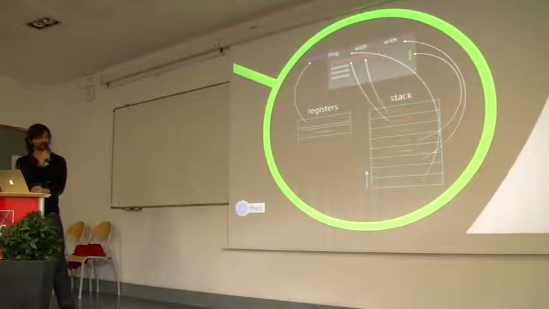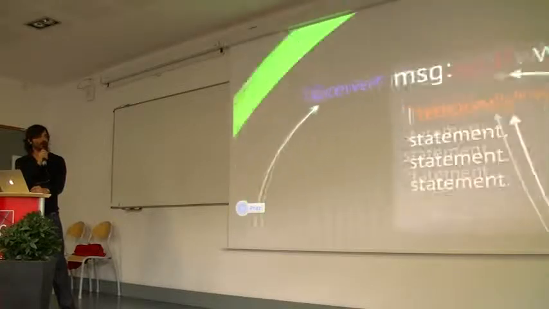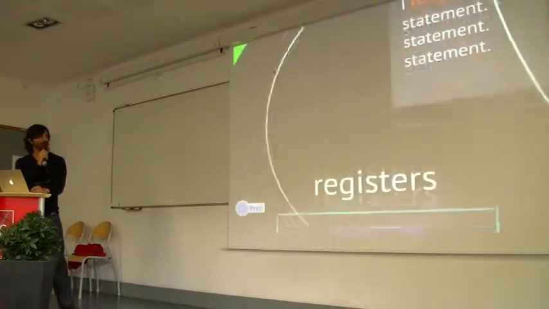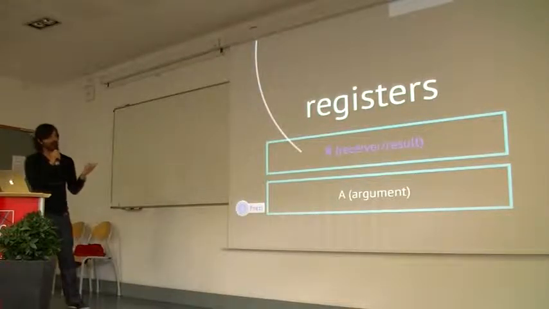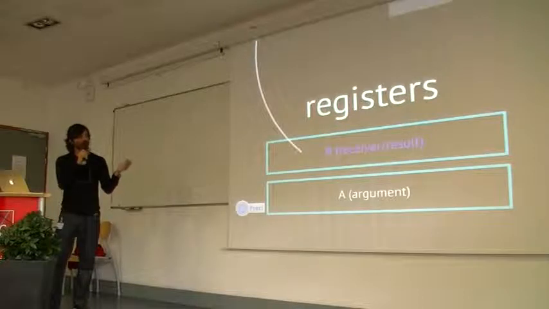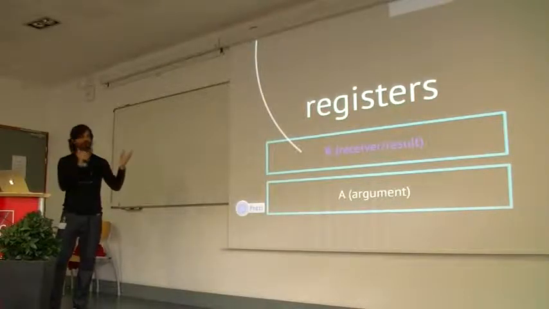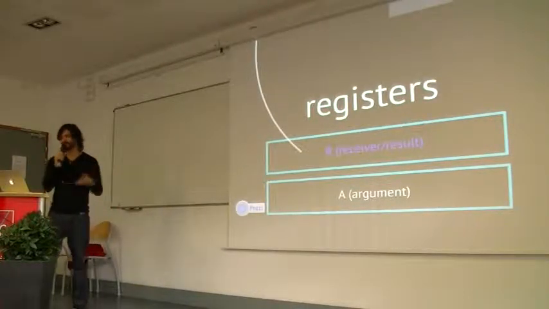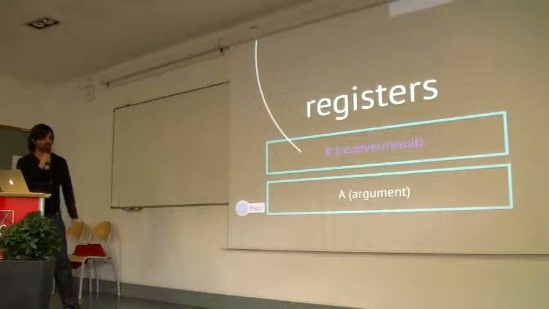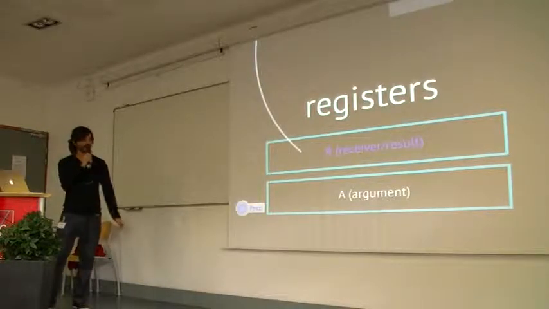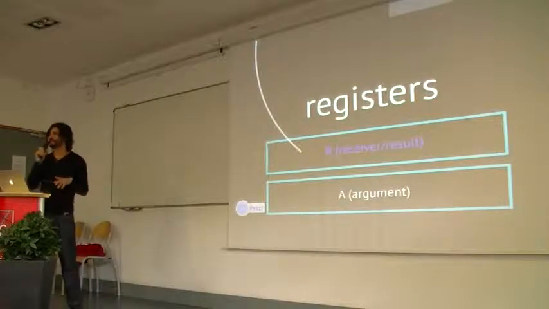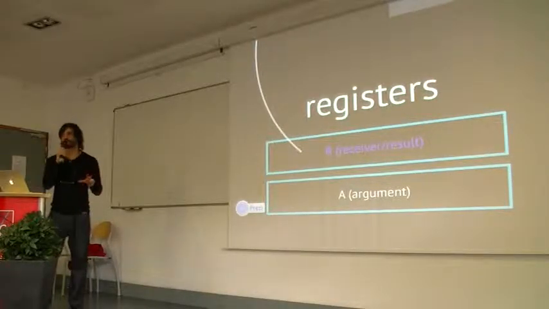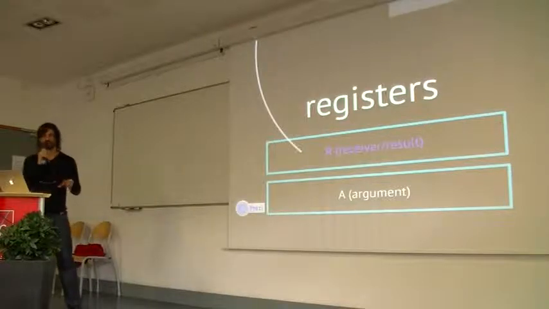This is just a snapshot of this architecture, in which we can see that we have 2 registers. Register R, in which before sending a message we have to load the receiver, and it will contain the result of the message sent. And also we have another register, the A register, that will contain, in some special cases, the argument of a binary message send.